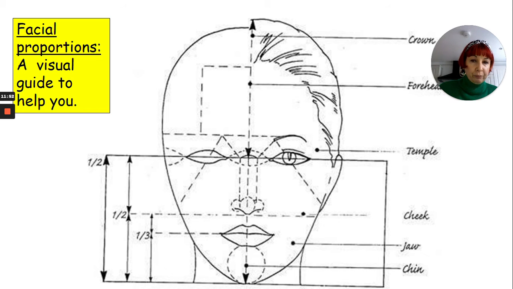The horizontal line represents the centre of the eyes, and just the top of the nose, and that vertical line down the face, which they've made a dotted line, represents that symmetrical centre line down your face.